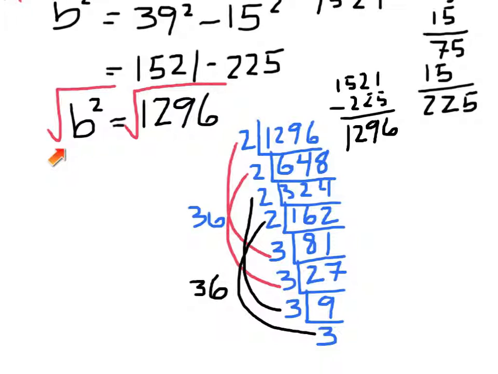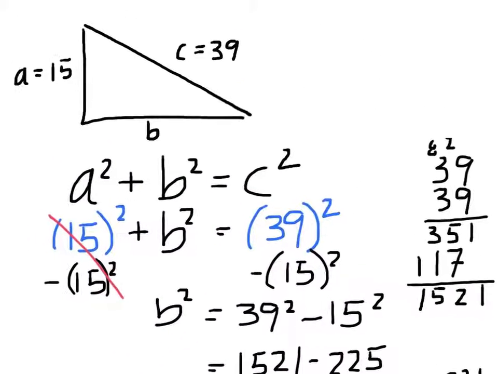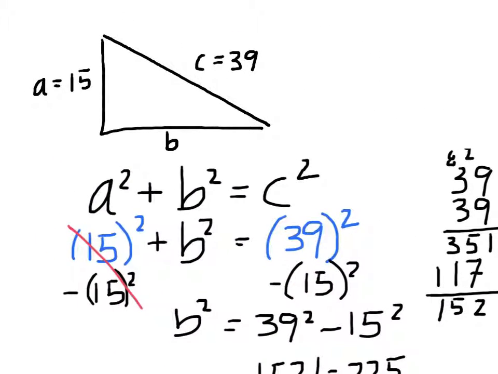So that means the square root of b squared is b, and apparently the square root of 1296 is 36. So then that means back here for our triangle, this guy right here we would think would calculate out to 36.